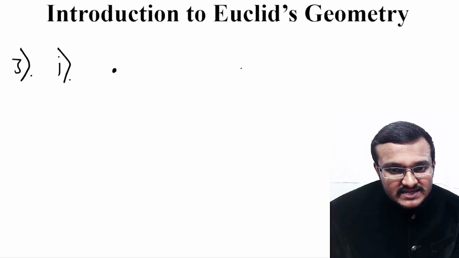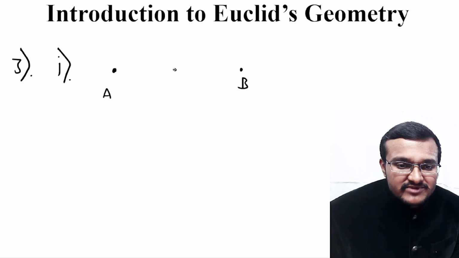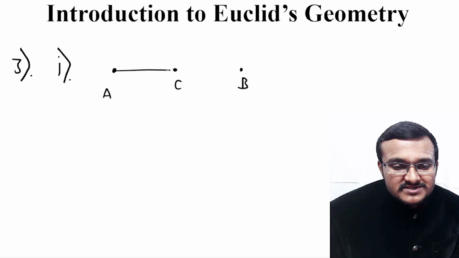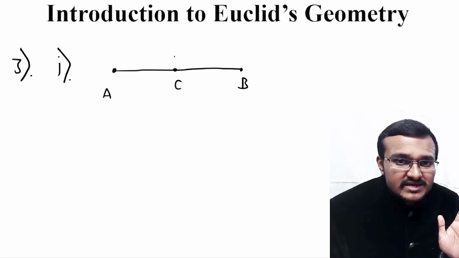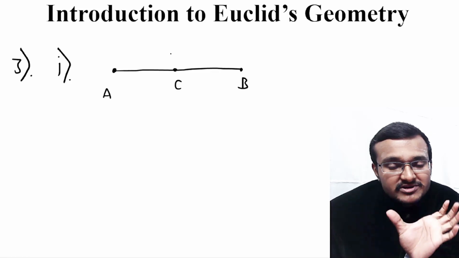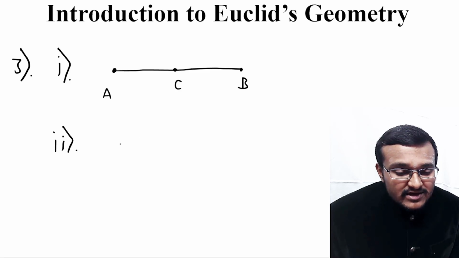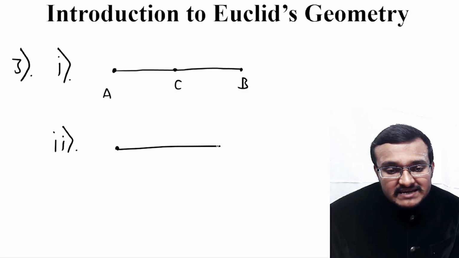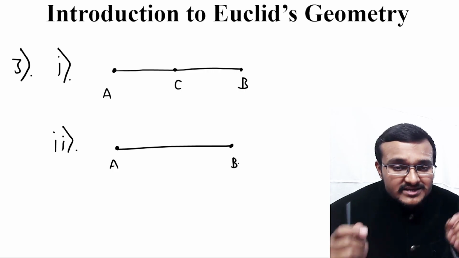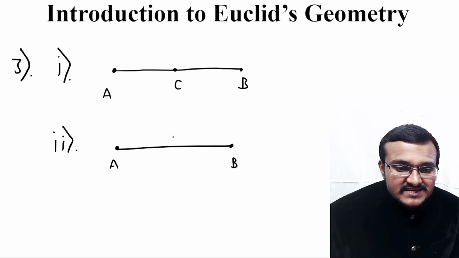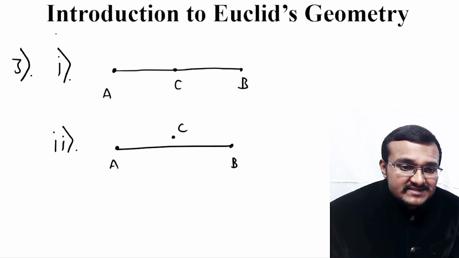In the first postulate, they mention that A and B are two points and C is in between A and B. So if you draw a straight line from A to B, C is on this line, exactly in between A and B. In the second postulate, they mention that in the same straight line AB, C can also lie outside this line. This is also possible.